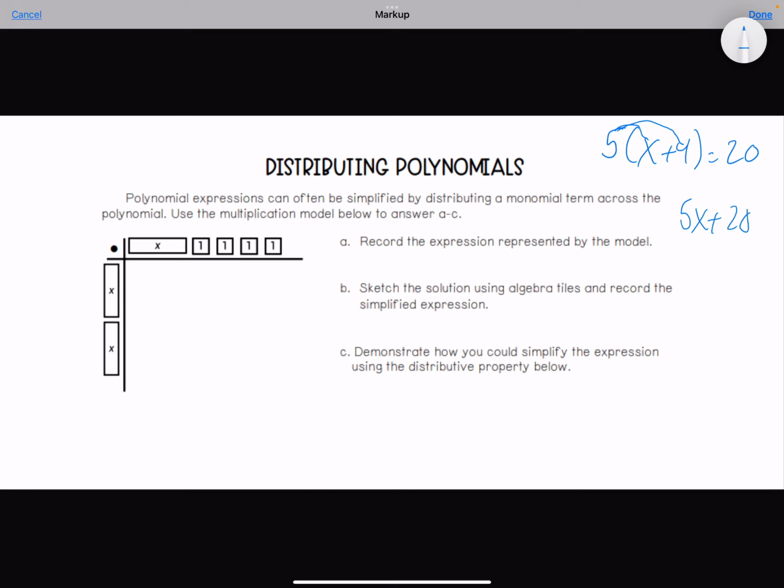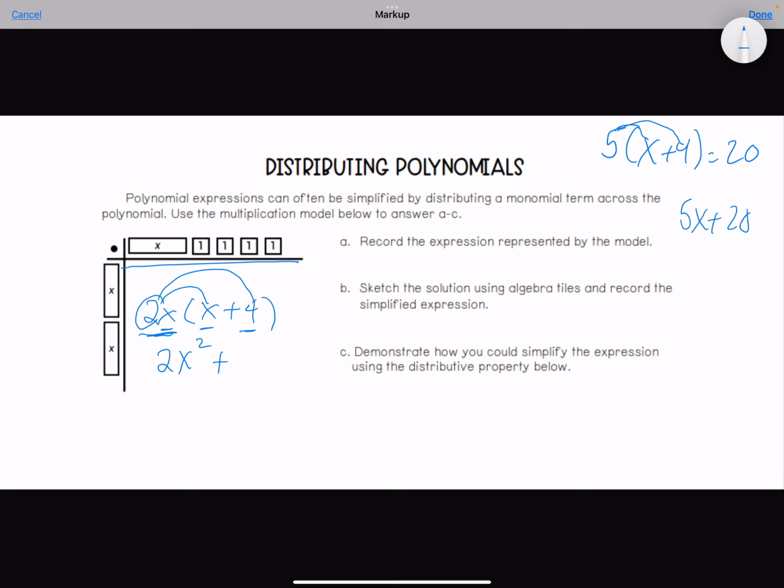So what we are doing now is distributing with polynomials. And we're still going to do the same thing. So here I've got 2x, and up here, using algebra tiles, I have x plus 4. So you're going to do the same thing: outside times both inside. X times x is x squared, so I have 2x squared plus 2x times 4.